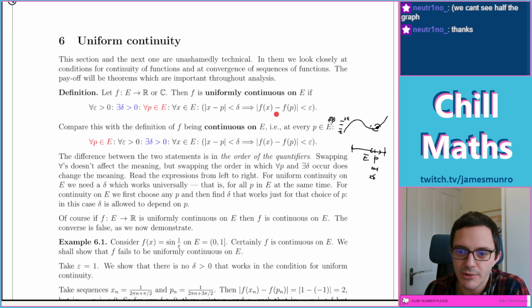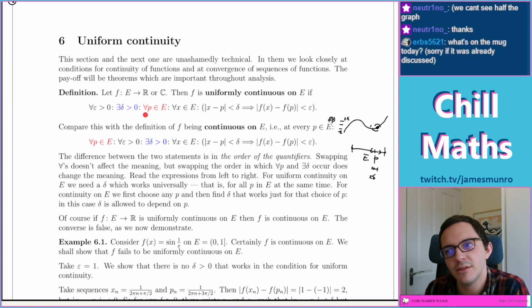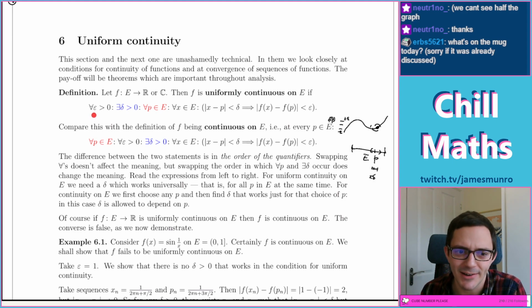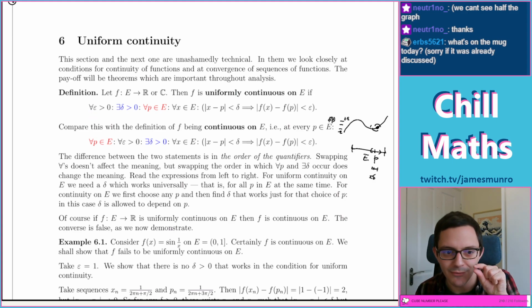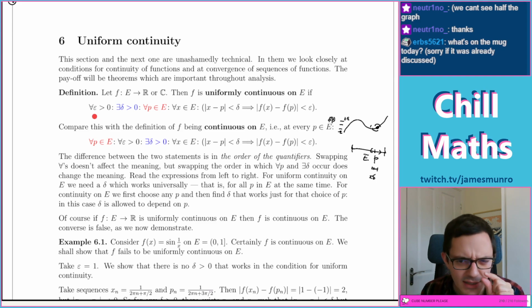Uniformly continuous says that you have to do everything at once, everywhere at once. The enemy chooses epsilon is a thing that people say sometimes. The enemy chooses epsilon, a specification for how close your values must be to f of p. I want your values to be this close, says your enemy.